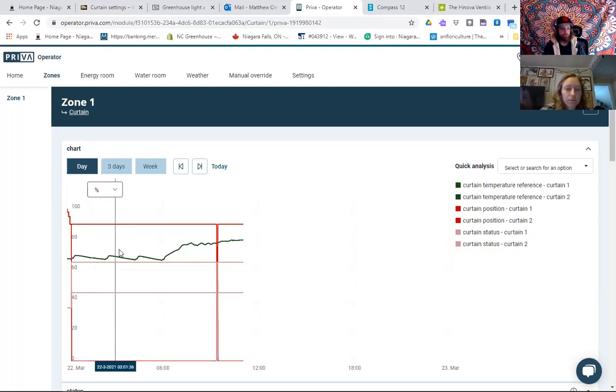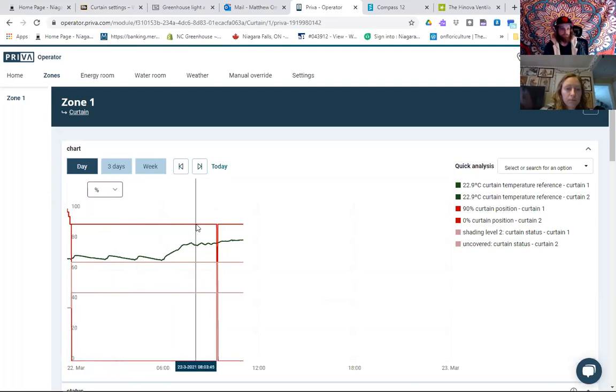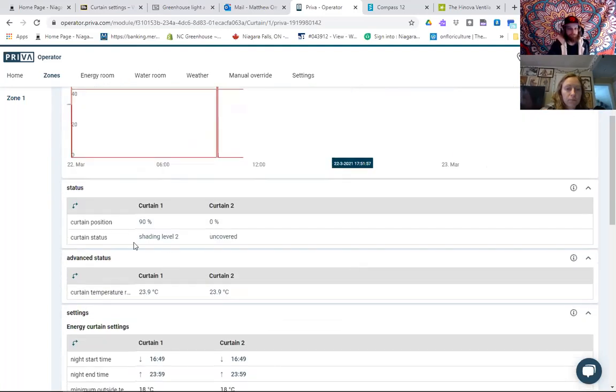When you're looking at the graphs, understanding what they mean is important. The status of the curtains is pretty straightforward. The current position now in the Priva office is 90% for curtain 1. For curtain 2, so the Priva operator controls up to 2 curtains.